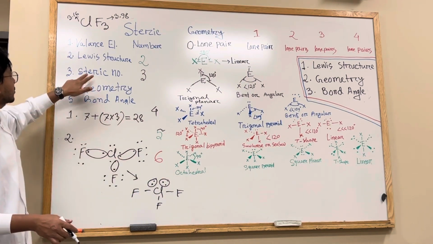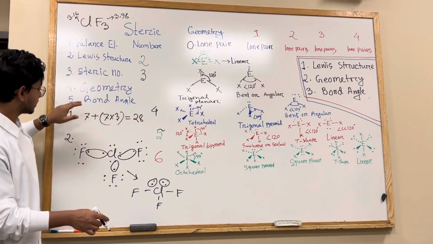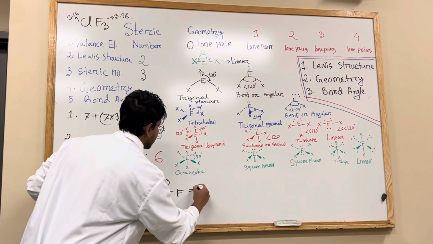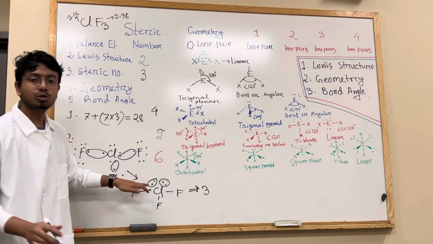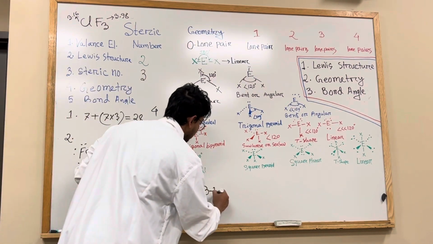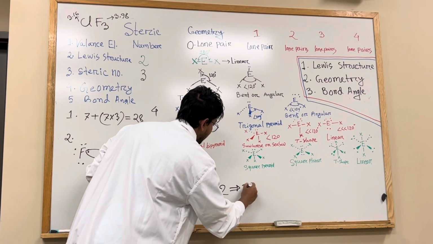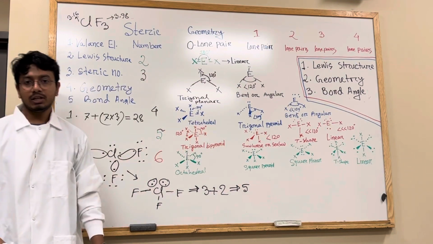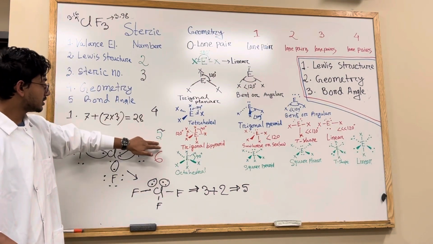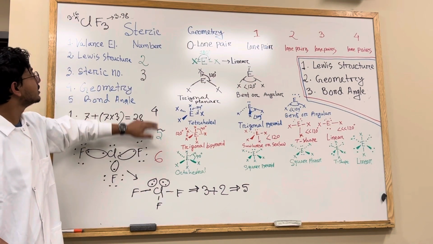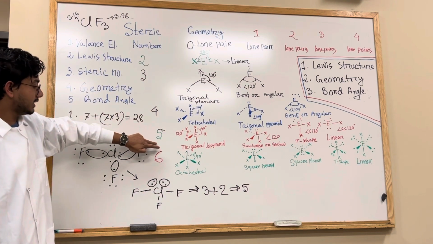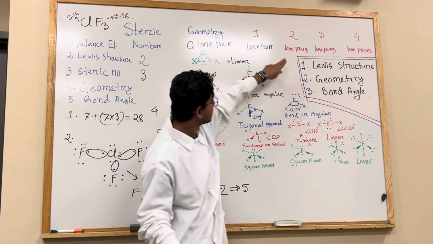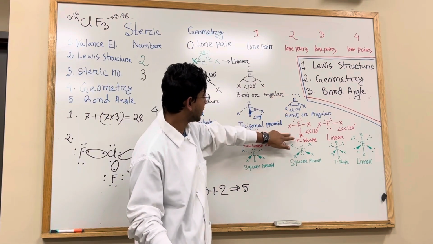Then we need to find the steric number, which is 3 single bonds, that means 3, and 2 lone pairs, that means 2, which makes 5. Then we match that 5 with the table we already drew. Here is steric number 5, and with 2 lone pairs it comes here, to this shape.